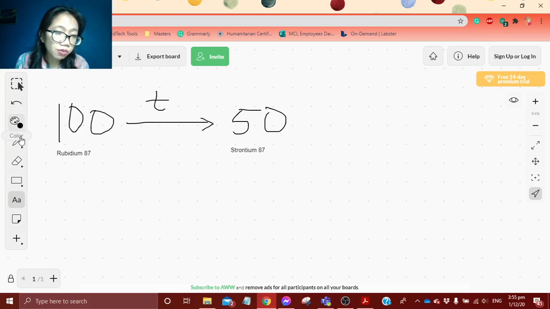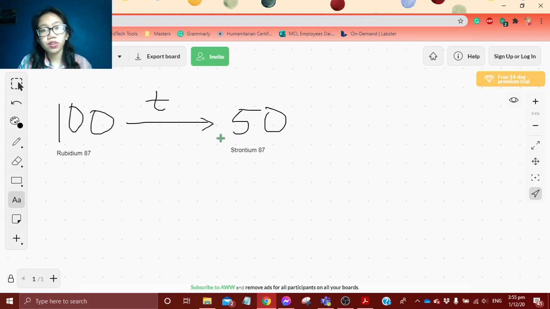For the case of rubidium, our half-life is 48.8 billion years. So that means it would take 48.8 billion years for half of this rubidium 87 to decay into strontium 87.